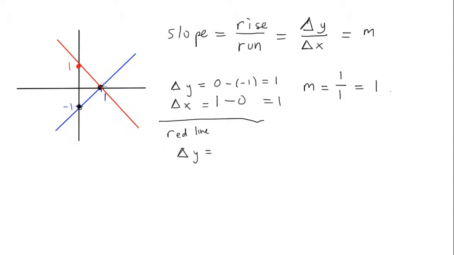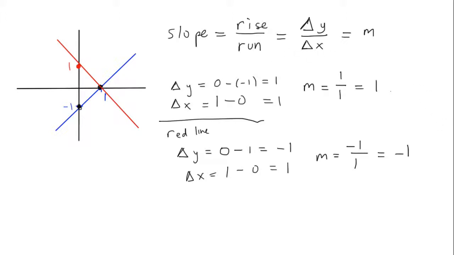In this case, we end at the y-coordinate 0. We started at the y-coordinate 1. So end minus start is -1. And then our delta x, in this case, is the same as before. And so our slope is -1 divided by 1, which is -1.